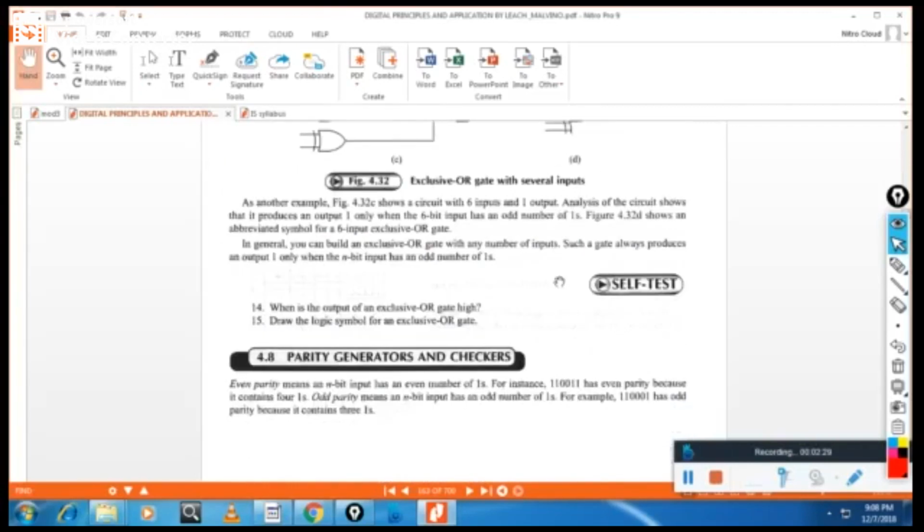So now the next one is the parity generator and parity checker. I am using the Digital Principles and Applications book PDF by Donald P. Leach and Malvino for reference.